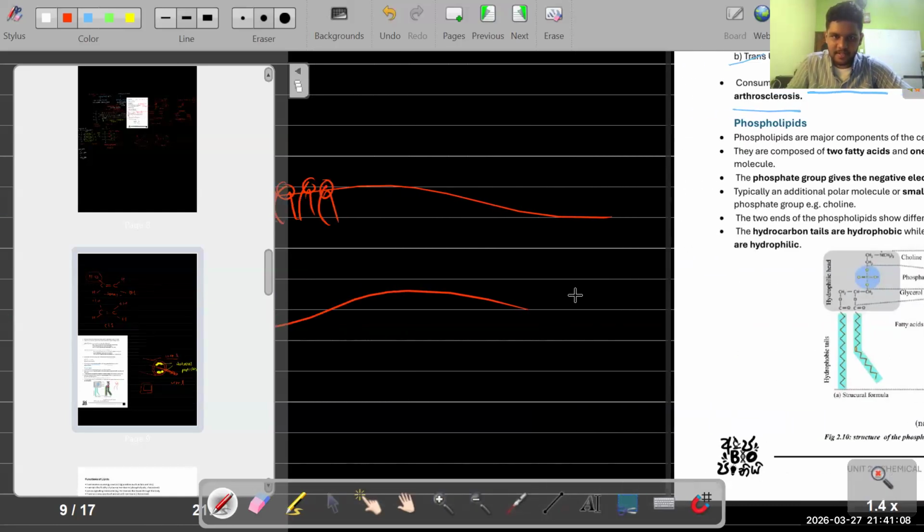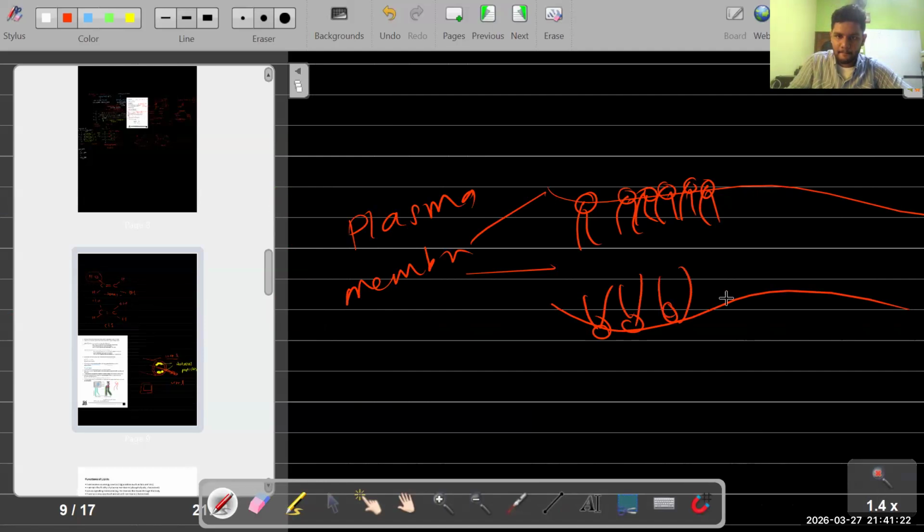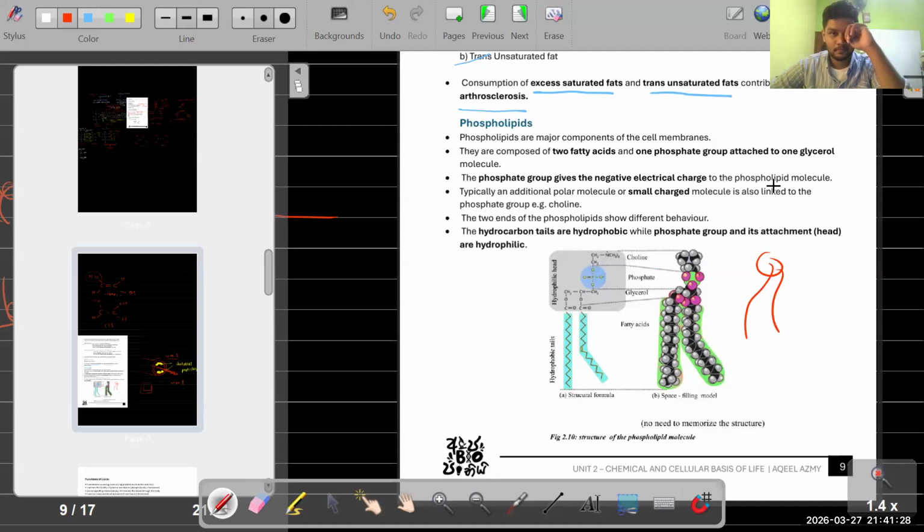If this is the plasma membrane, these phospholipid molecules will be arranged like this. Here also it will look like this, right? Can you understand? Is it clear? Yes, sir.